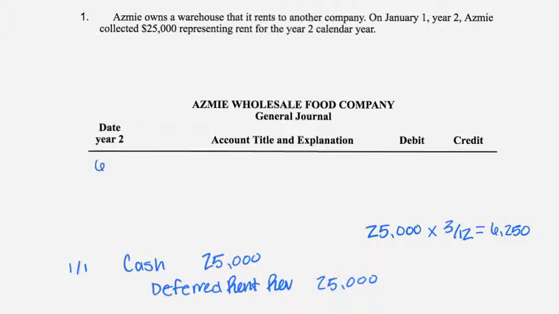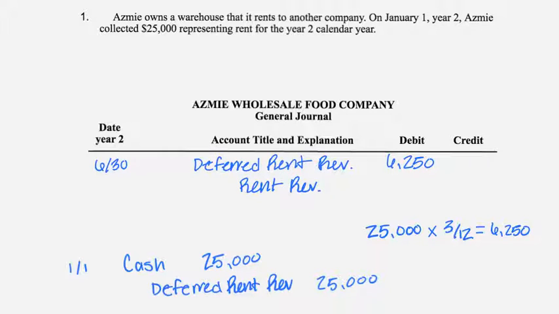So we will decrease with a debit the deferred rent revenue account for this amount of $6,250. And then we will now recognize revenue with the rent revenue account, $6,250.